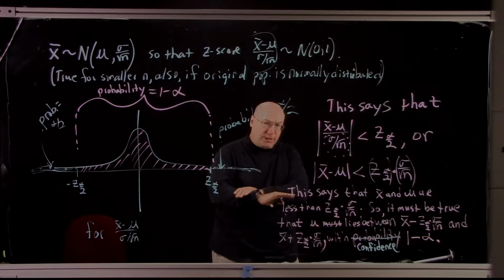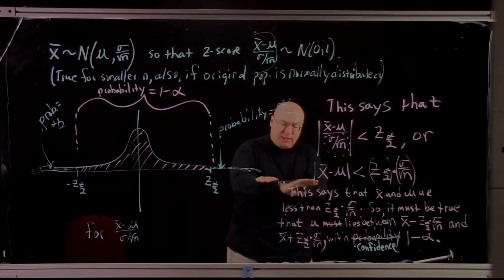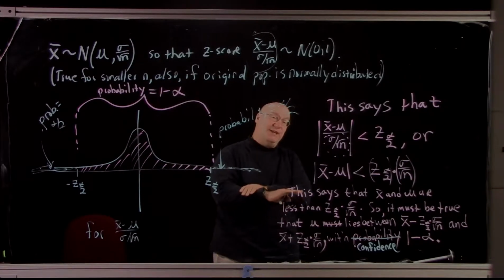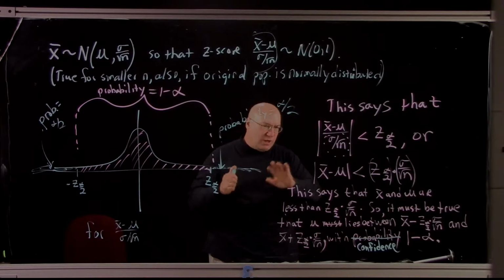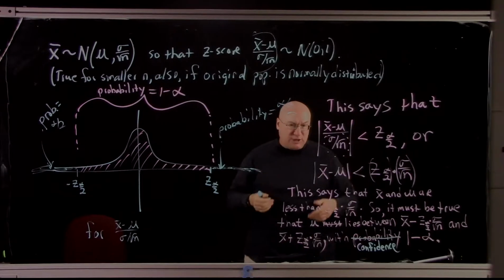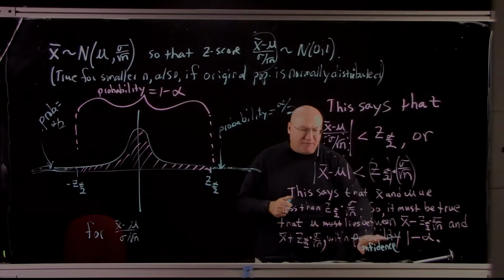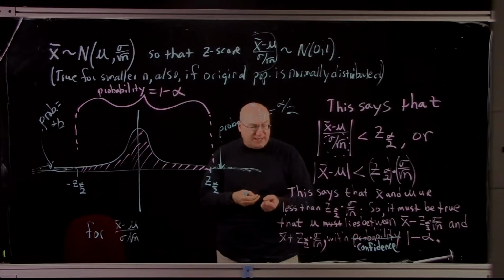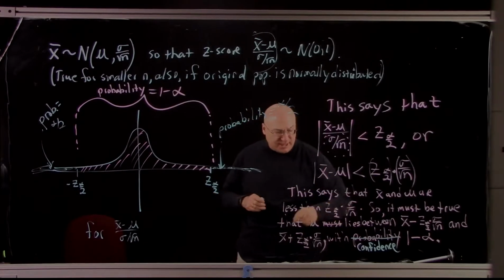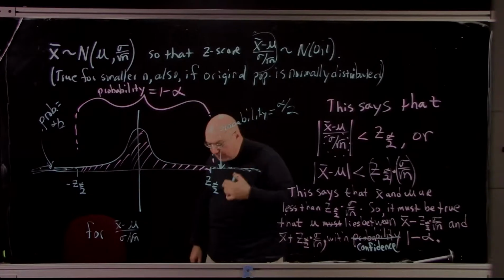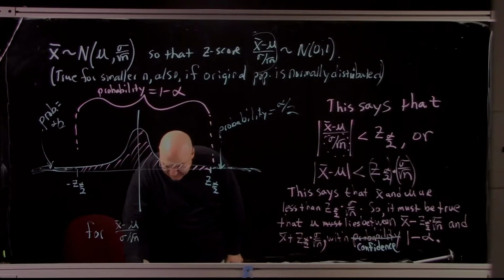I might say I'm 50% confident that it's heads. So it's a minor distinction, and the way we do the computations, we'll still just kind of think of it as probability, but technically we call it confidence if it's after we've taken the sample, gotten the data, and done the computations. We're now looking at confidence levels rather than probability.